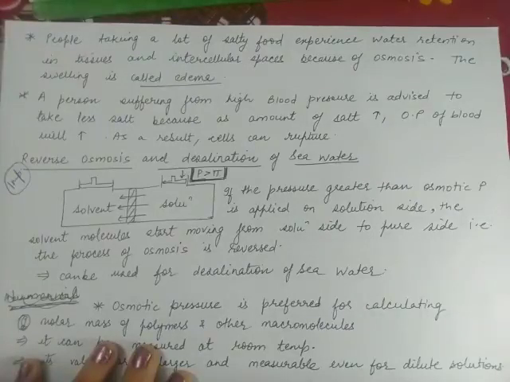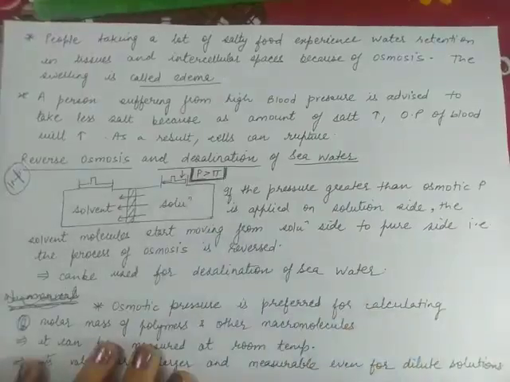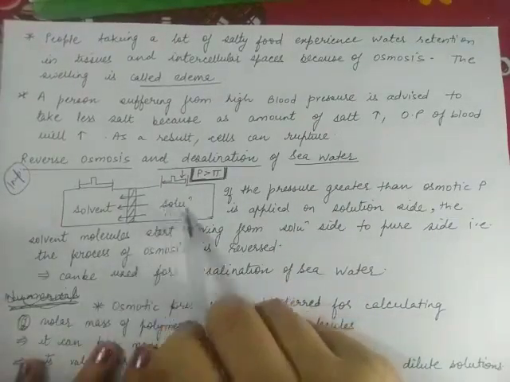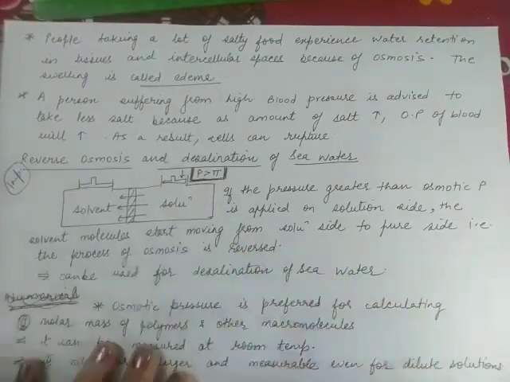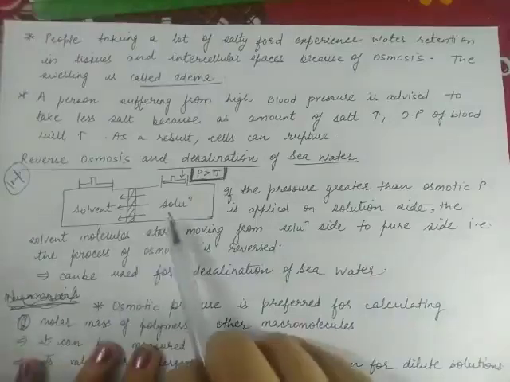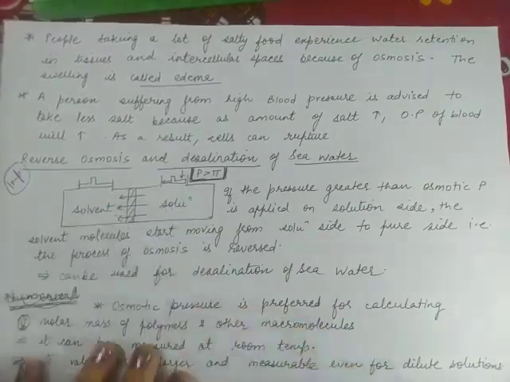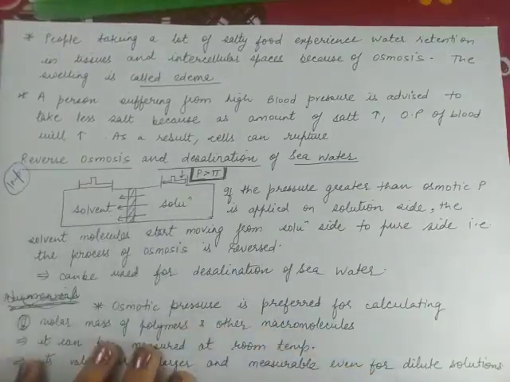That was osmotic pressure. But if I apply pressure greater than osmotic pressure, suppose I push this piston, what will happen? Here also solvent molecules are present. So if I apply some extra pressure which is greater than osmotic pressure, the solvent molecules will start moving from the solution side to the pure side. That is, the direction of osmosis is reversed.